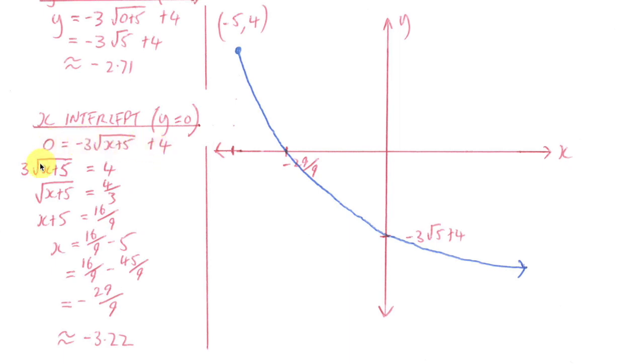I'll move this to the other side, divide everything by 3, square everything, then subtract 5, and then rearrange it. So I now put in my intercepts, put my endpoint in, and draw away. Notice that for the square root function there are no asymptotes.